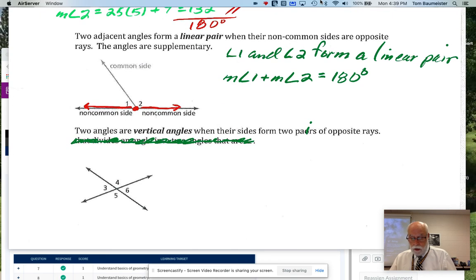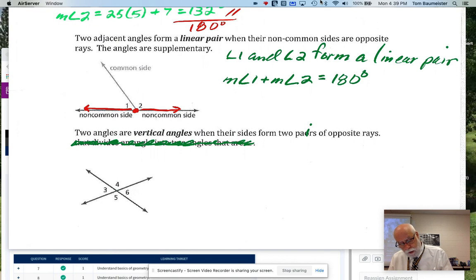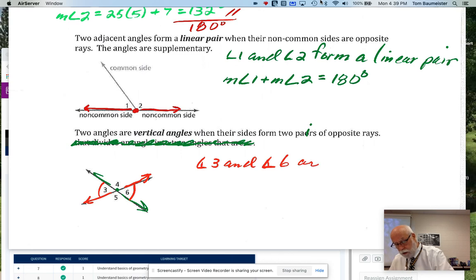All right. So two angles are vertical angles when their sides form two pairs of opposite rays. So again, what it's saying here is one pair of opposite rays, here is the other pair of opposite rays. So when they do that, you can say the ones across from each other, angle 3 and angle 6 are vertical angles.